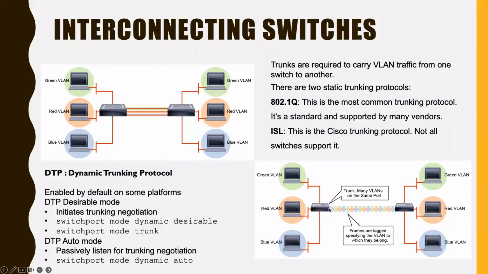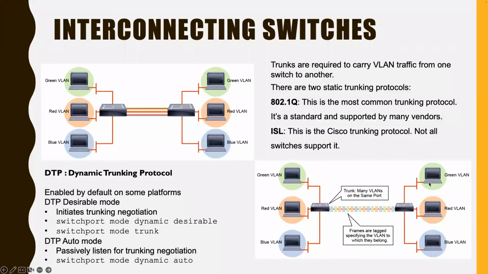While sending that data from this port, I'll have to tag that data, and add the information about this VLAN within that tag. On the next side, it will strip off that VLAN information before sending it towards the access port.